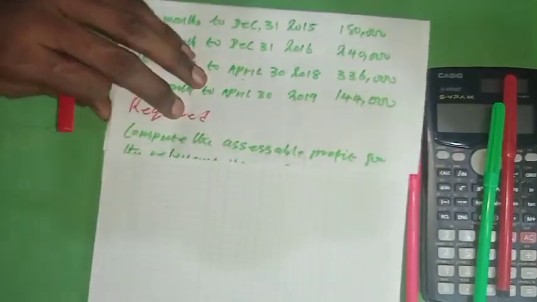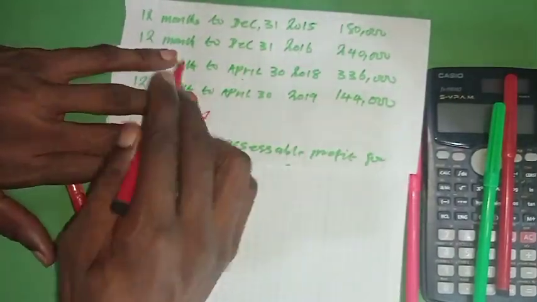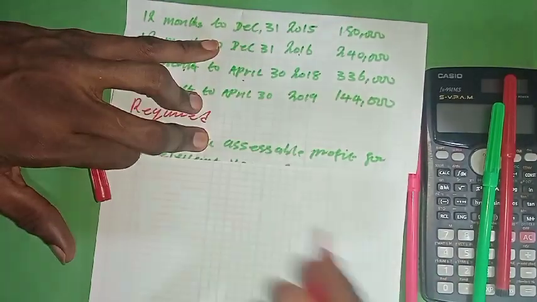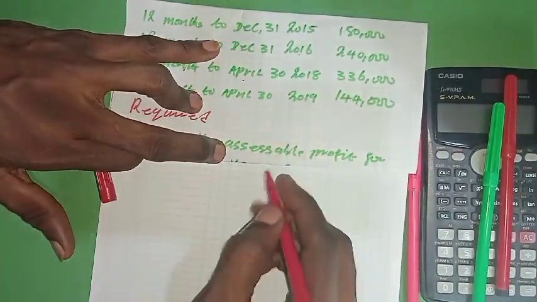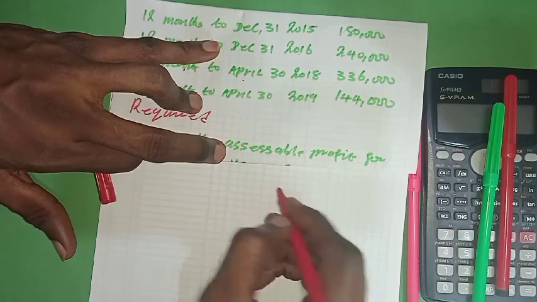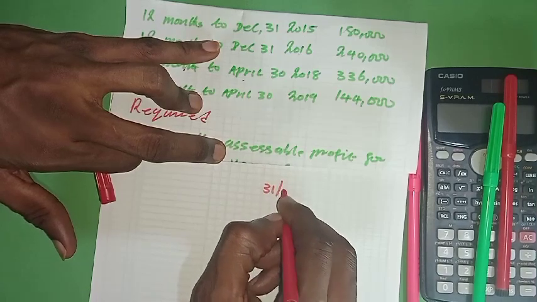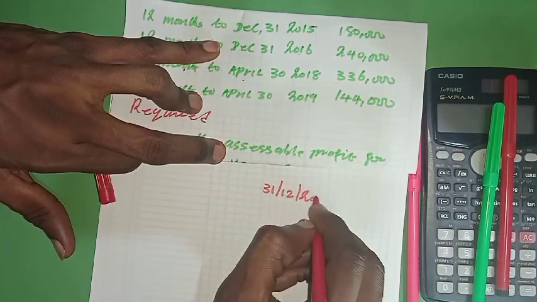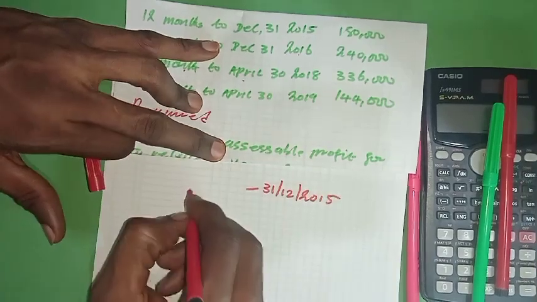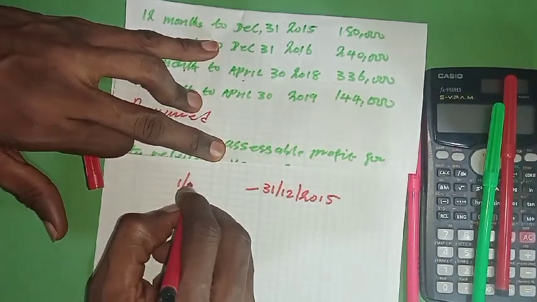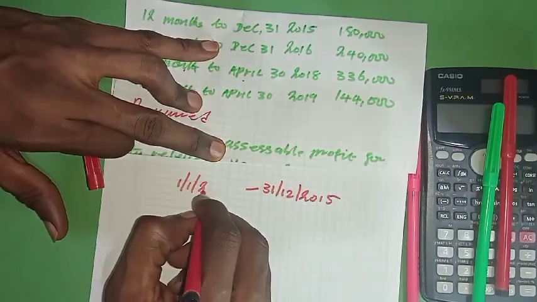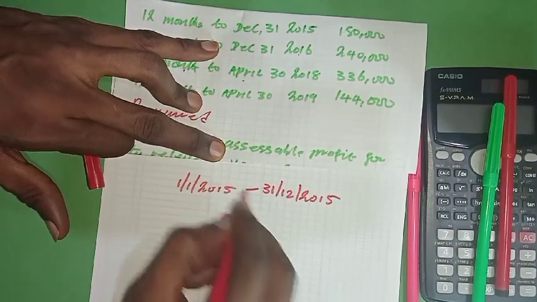Here, 12 months to 31st December 2015. That means they started the account on 1st January 2015.